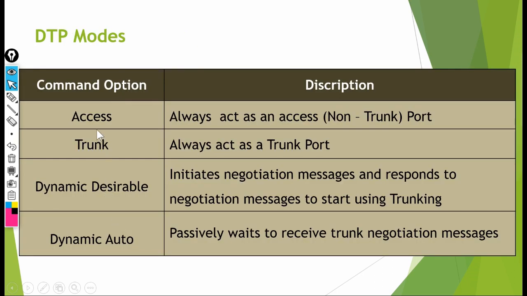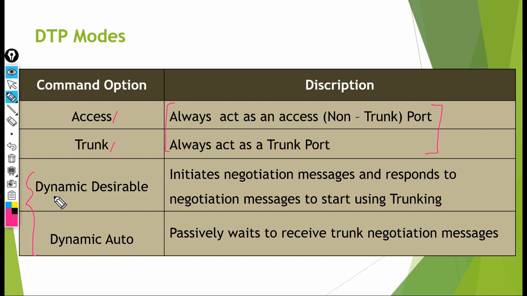Make sure DTP has different kinds of modes like access, trunk, and the default mode will be either dynamic desirable or maybe dynamic auto itself. Access and trunk are basically the static way of configuring a port to work like access or trunk. They will never change the state until you do it manually.